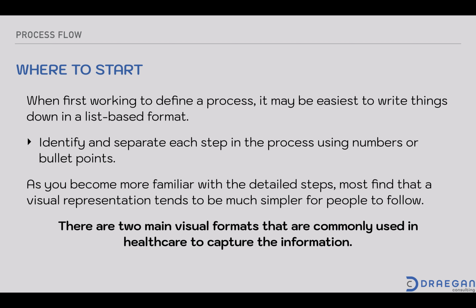So workflows, especially if you're at a point where there's not a lot of them documented or they haven't been updated in a while, can be overwhelming. There's an enormous amount of workflows, as you can imagine, in a healthcare environment. So the best place to start, I guess, is to identify a section of process that you would like to document and to write down in bullet format in sequence order what each of the high level steps are.